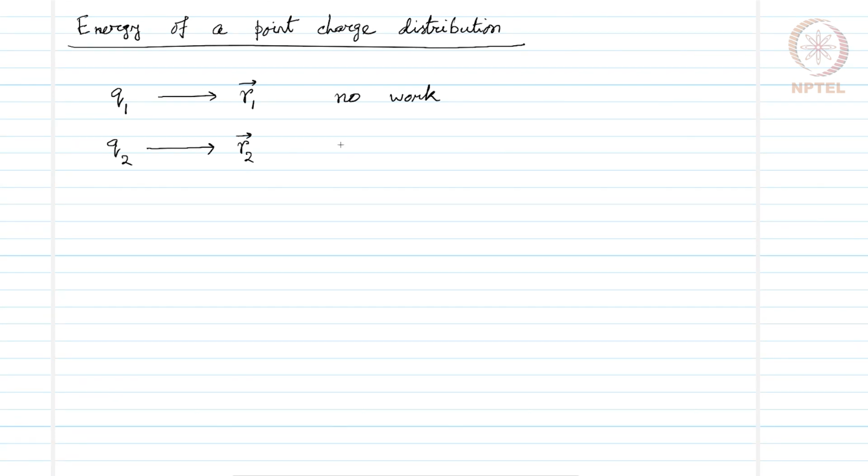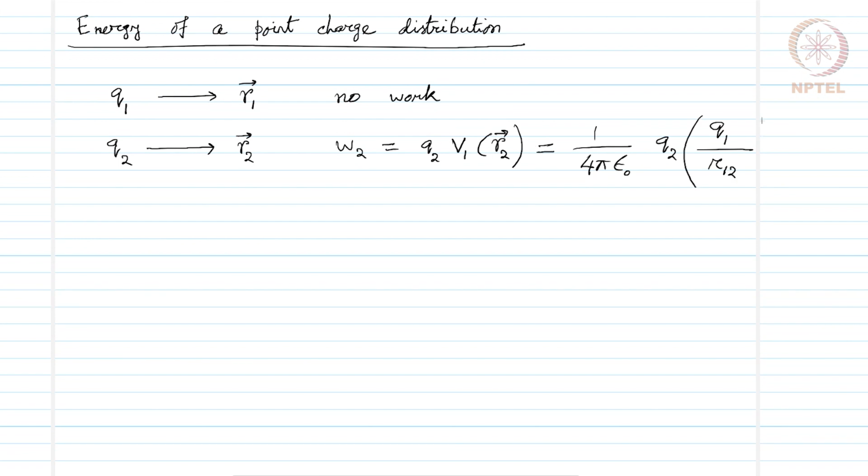Let us call that W2, that can be given as Q2 times V1 at R2. V1 is the potential due to the first point charge, which is 1 over 4 pi epsilon naught, Q2 times Q1 over R12, this much.